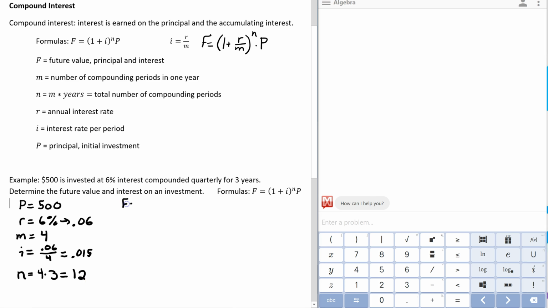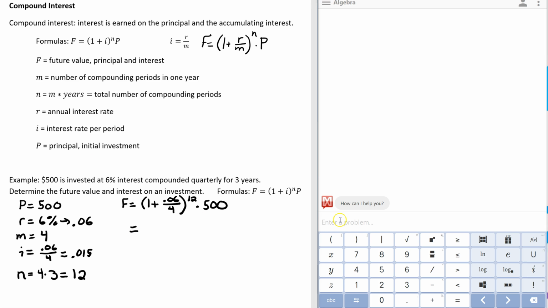Future value formula becomes the quantity 1 plus the rate, 0.06, divided by the number of compounding periods, 4, raised to the exponent of 12, the total number of compounding periods, multiplied with 500, the initial investment.